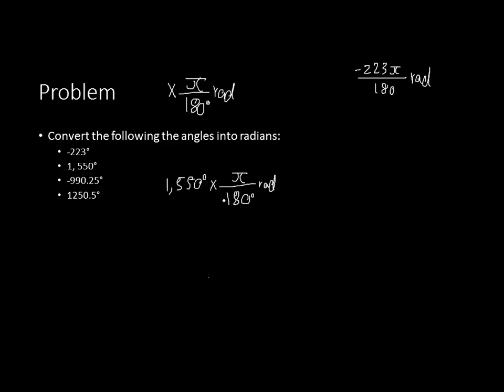So 1,550 degrees divided by 10 degrees is just 155. 180 degrees divided by 10 degrees is just 18. So we have 155 times pi all over 18 radians. Multiplying them together, you will have 155 pi all over 18 radians.